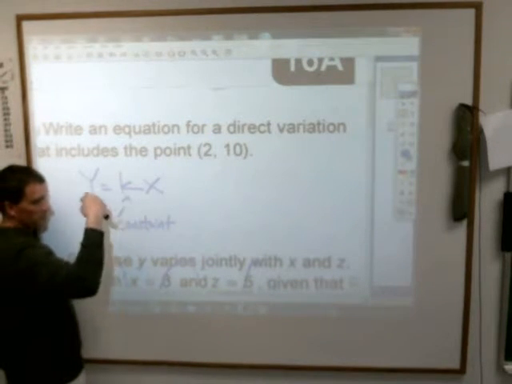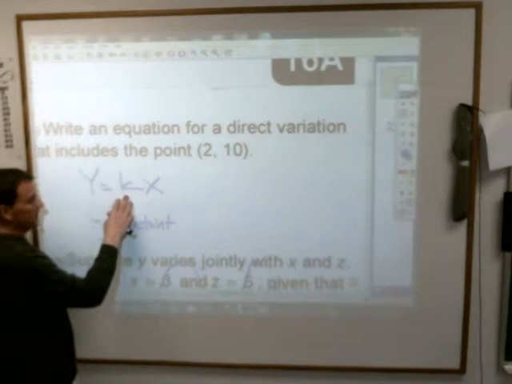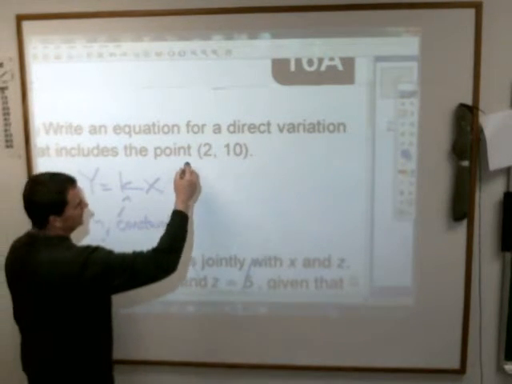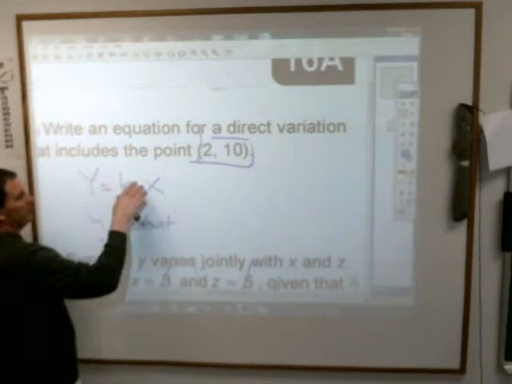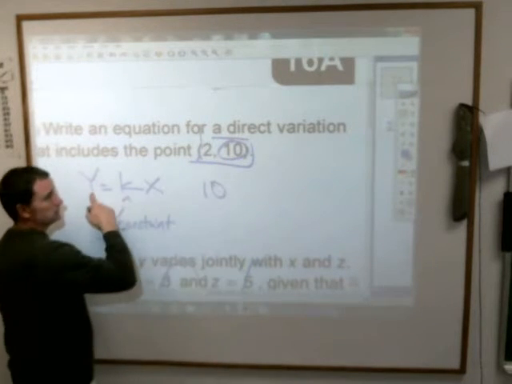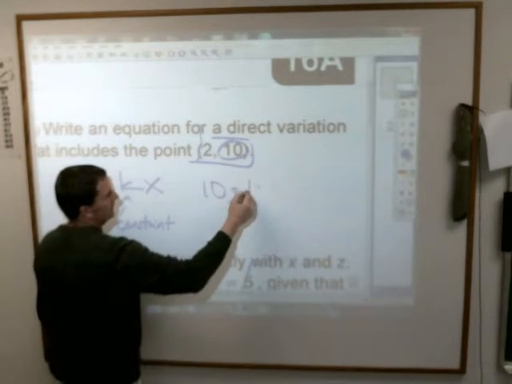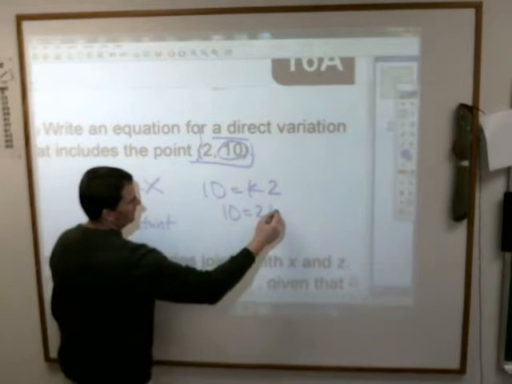Just like a linear equation is y equals mx plus b, you need to know what the m and the b are. Well, this time you need to know what the k is. The way that you figure out what the k is: you take the 2 points you know, the x and the y, and put them in for x and y here. So y is 10, and it equals k times 2, or 2k, we usually write that.